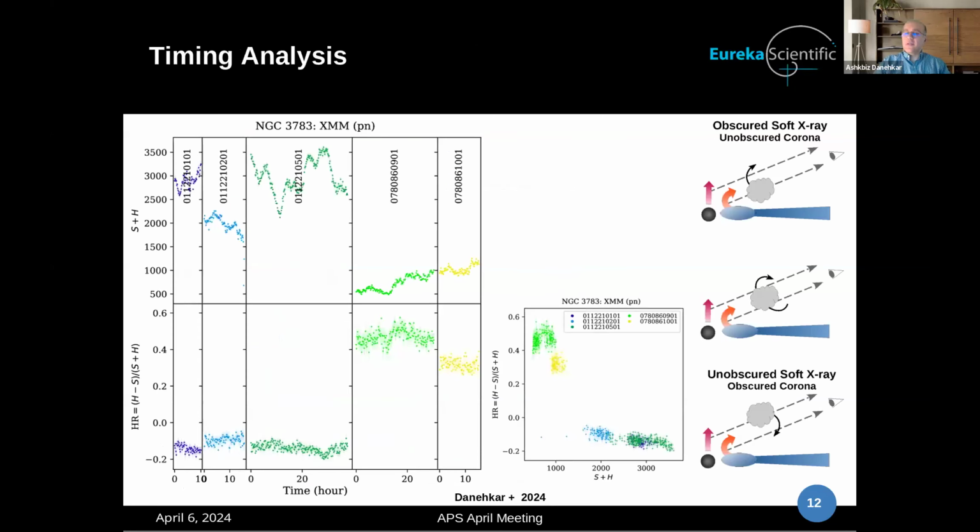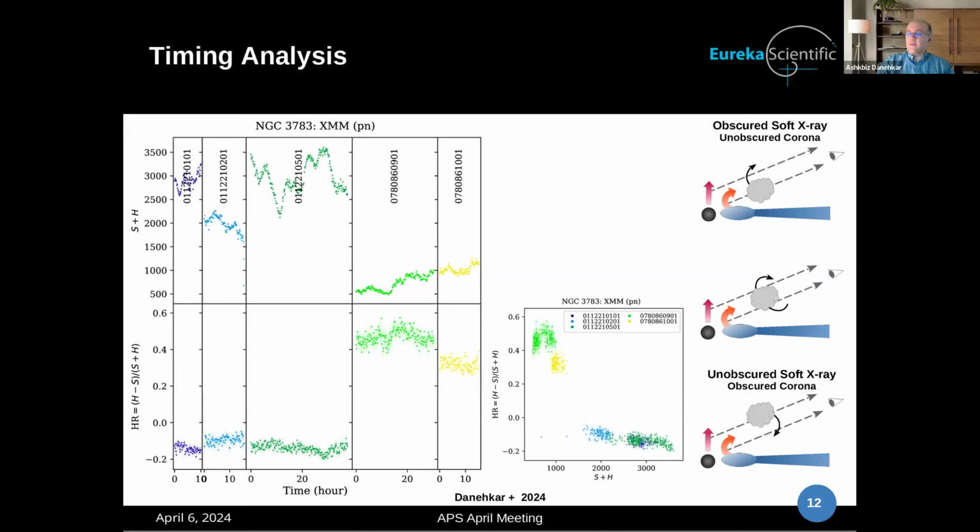However, there is X-ray variability in AGNs. For example, NGC 3783 in 2001 was in a bright and soft state, but in recent observations it has moved to harder and fainter states.